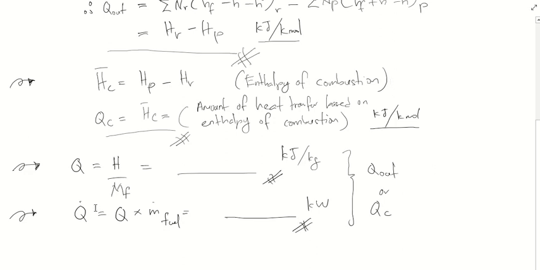And also, if you want to calculate the rate of heat transfer, Q dot, you multiply Q by m dot of the fuel. This Q in kilojoule per kilogram multiplied by the kilogram per second gives you kilowatt. This is valid for calculating Q out and QC. Okay, next we're going to proceed with the example.